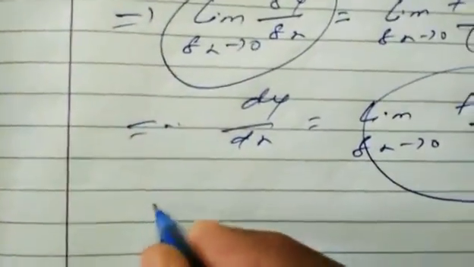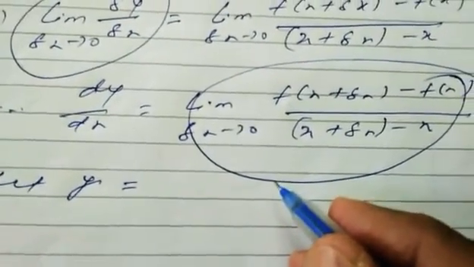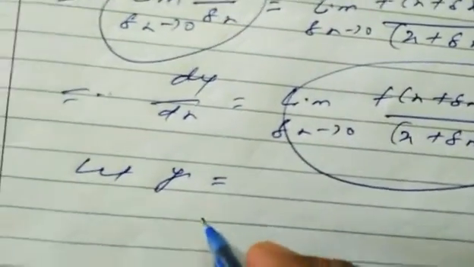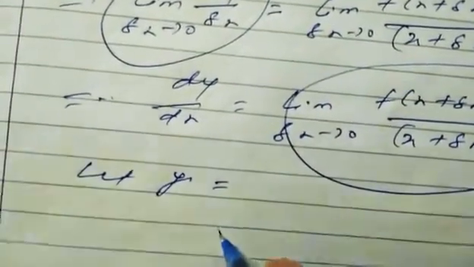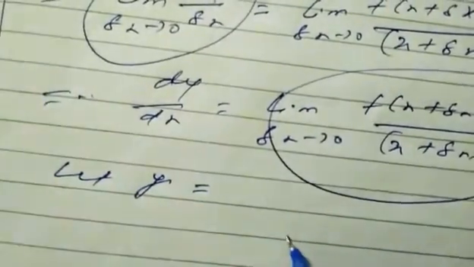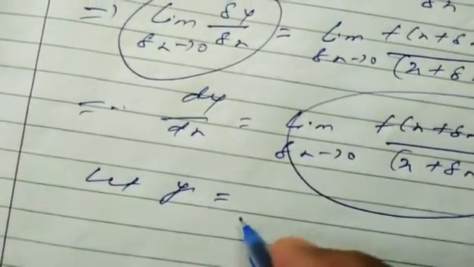This method is basically said to be the ab initio method or first principle. In class 11 we have gone through that, and now I am repeating it so that people can recall the memory regarding derivatives, and further we will proceed to the chain rule and the different kinds of differentiation in this class 12.